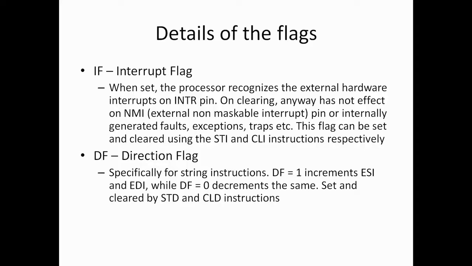So slowly let us try and understand every flag from a security perspective also. What will happen if I disable all interrupts? You lock the system from the user, it is a denial of service. That is one of the reasons why we will see later that STI and CLI, the set interrupt and clear interrupt, are called privileged instructions.